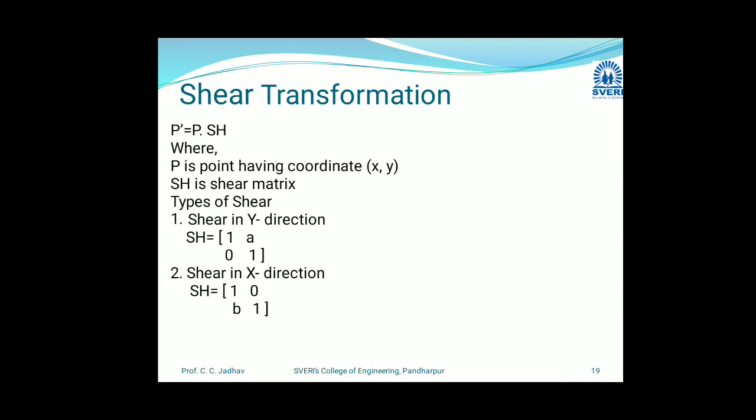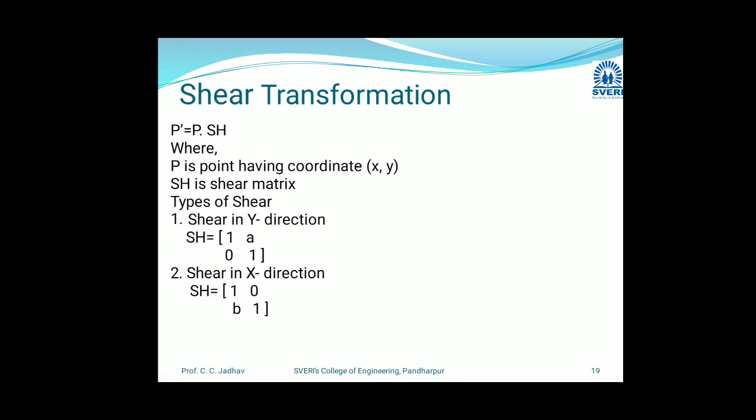First of all, we will see the types of shear, starting with shear in y direction. The y shear preserves all the x coordinate values and shifts the y values. This causes horizontal lines to slope up or down.